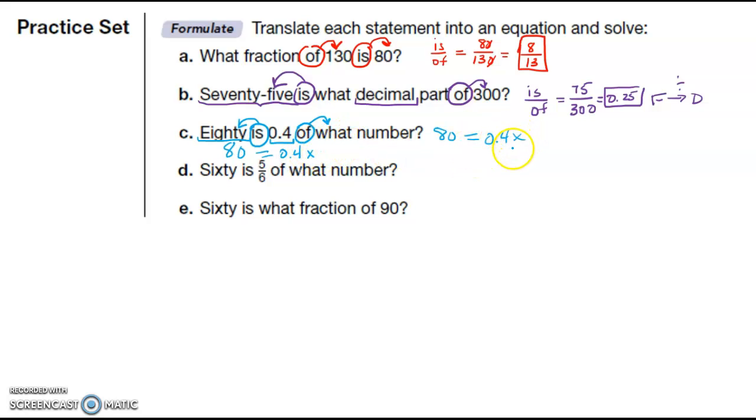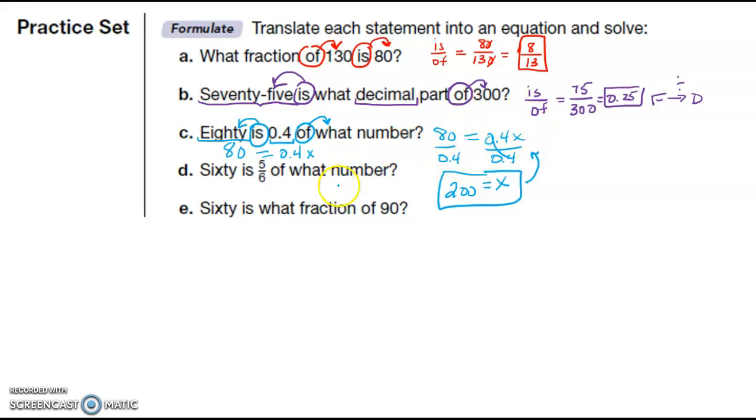And so now I have to solve for x here, which means I'm dividing by 0.4. That goes away. X is equal to 80 divided by 0.4. I'm going to have to use my calculator. 80 divided by 0.4 is equal to 200. So that's the answer. Yeah, that's a little bit different.